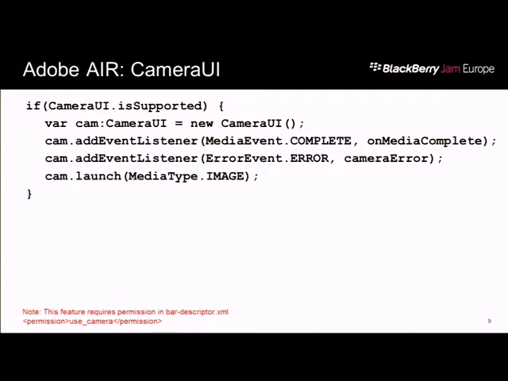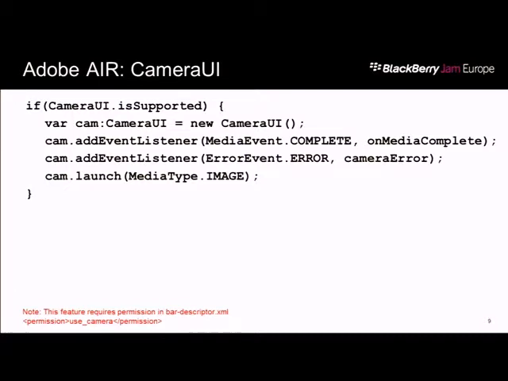When the application is installed and first run, the application will ask the user to grant the permissions. So we need every time to take care to ask if the API is available, if the Camera UI object is available.